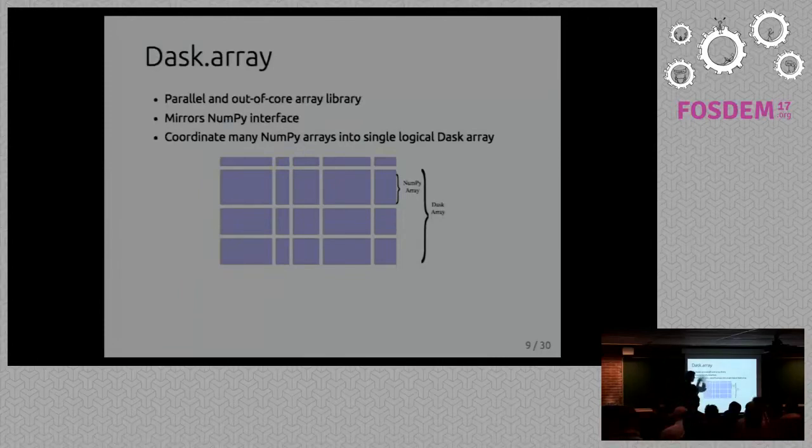That's the idea of the blocked algorithms, and Dask knows about NumPy arrays and knows how to make a task graph that can do such algorithms. But the actual computation is still just NumPy. In that way, for example, Dask arrays are also used with the xarray project.